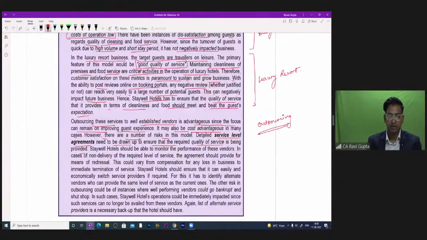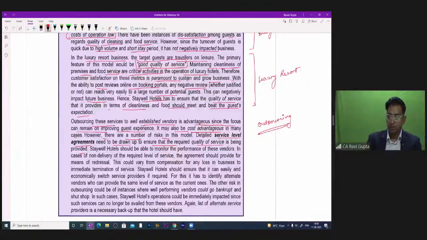It may be cost advantageous in many cases. However, there are a number of risks in this model. Detailed service level agreements need to be drawn up to ensure that the required quality of service is being provided.